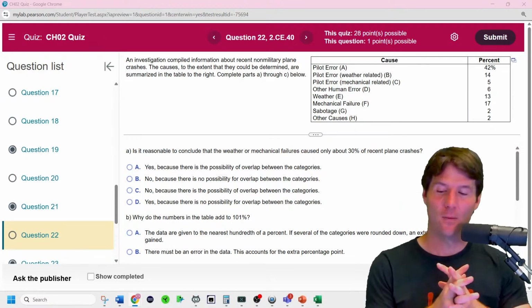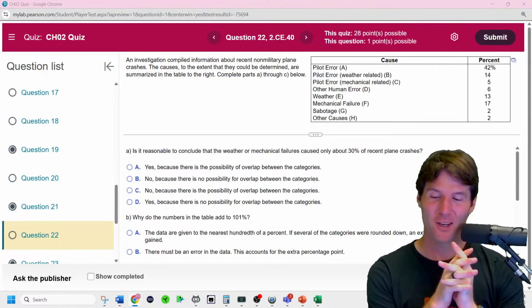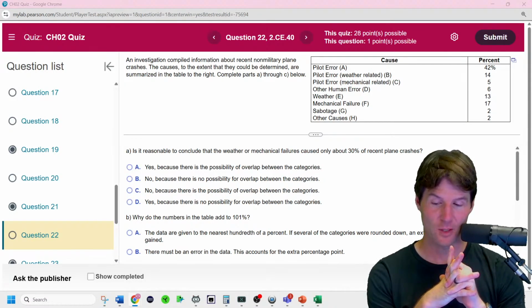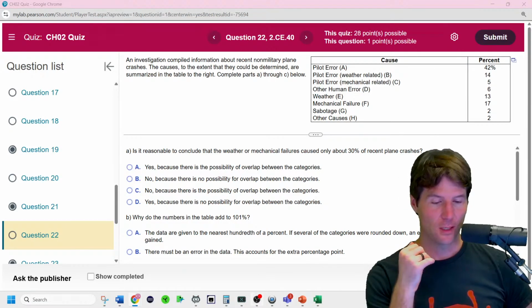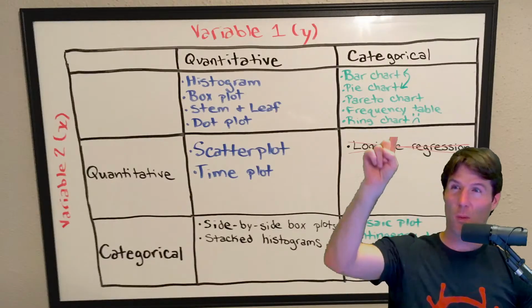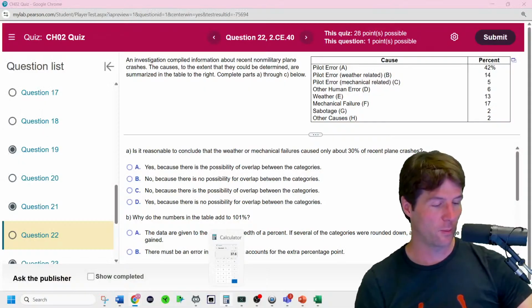Okay. An investigation compiled information about recent non-military plane crashes. The causes, to the extent that they can be determined, are summarized in the table to the right. So once again, we have a relative frequency table. This is categorical data, important stuff to know. We always look at our graphic right here where we have frequency tables or relative frequency tables for one categorical question, like what was the cause of the plane crash?